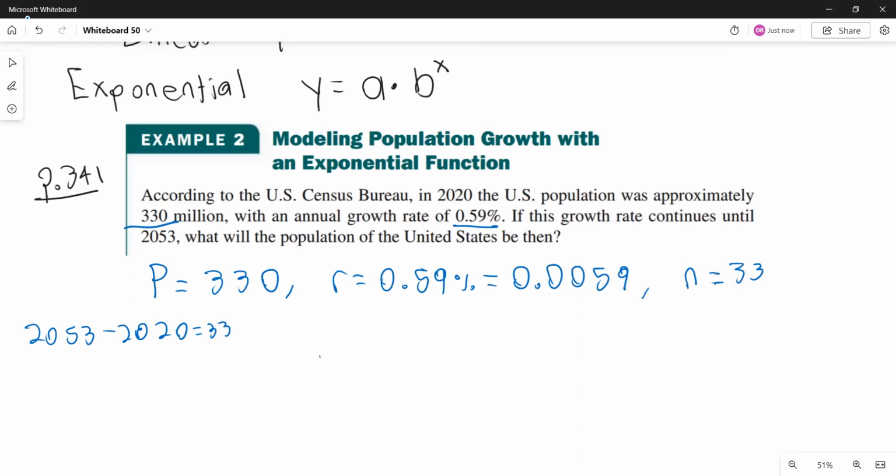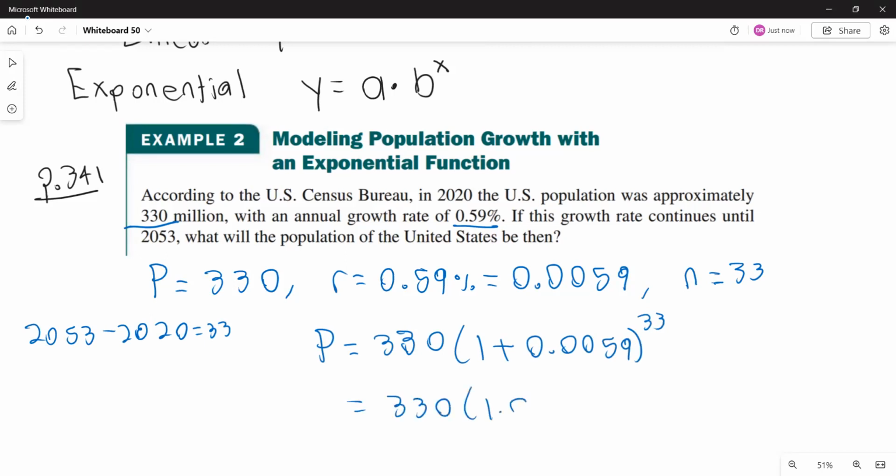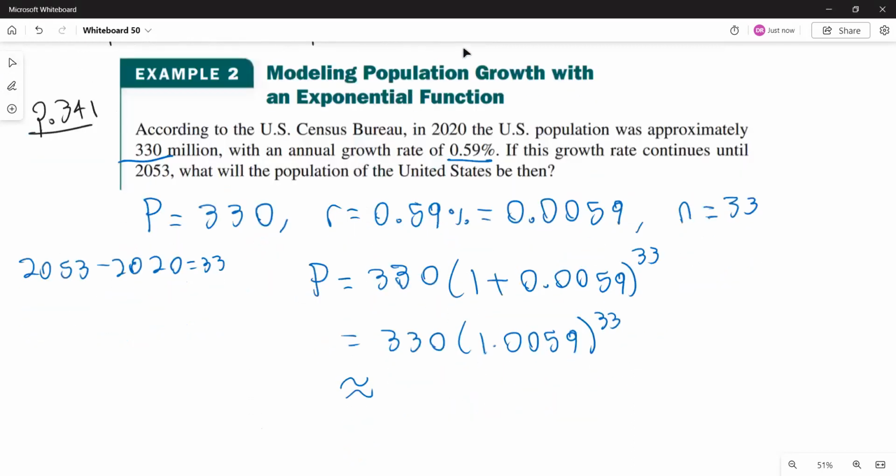So the population is going to be 330 times 1 plus 0.0059 raised to the 33rd power. And remember, I set this up in millions. I'm going to round to the nearest integer.